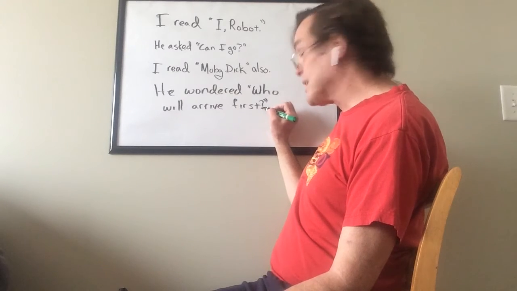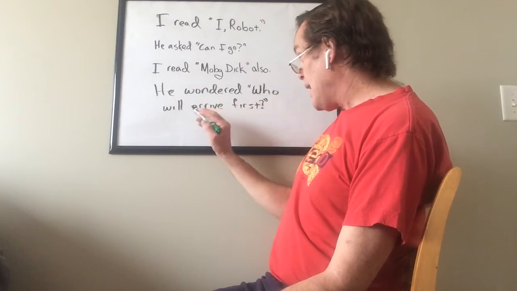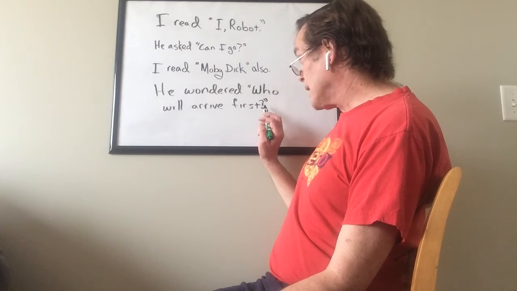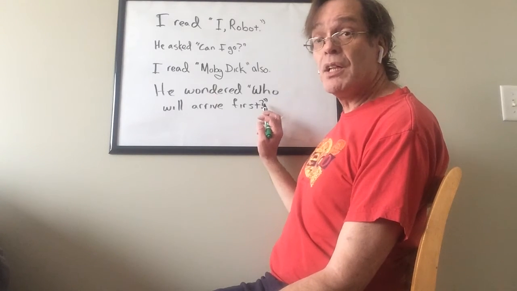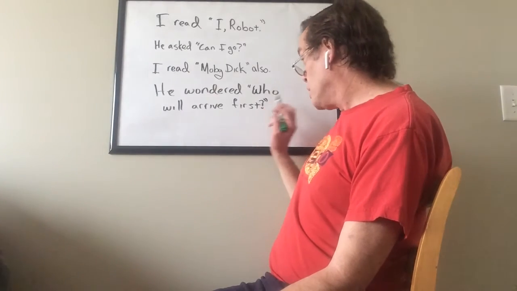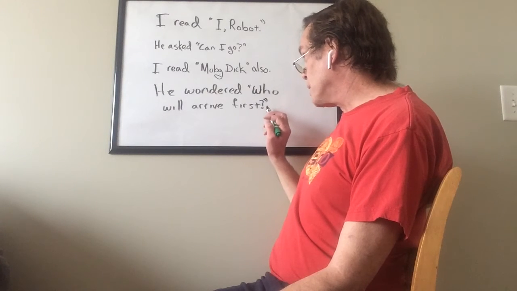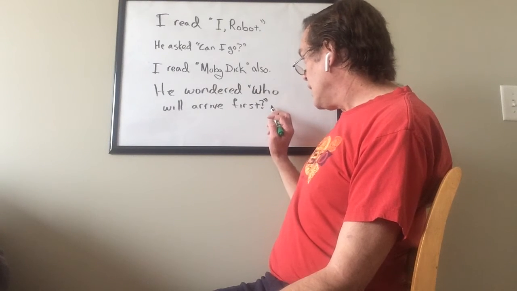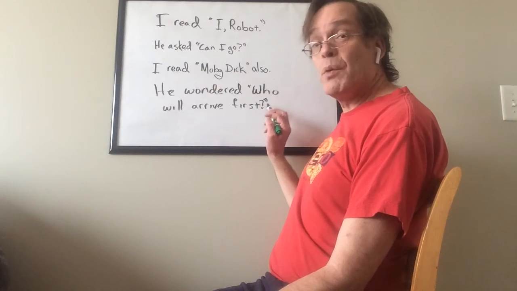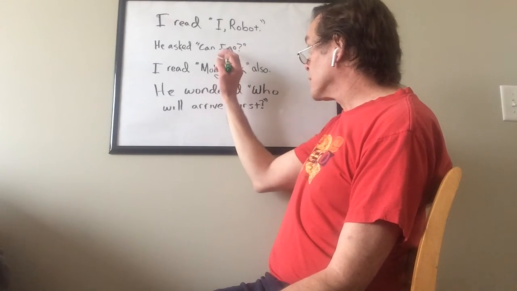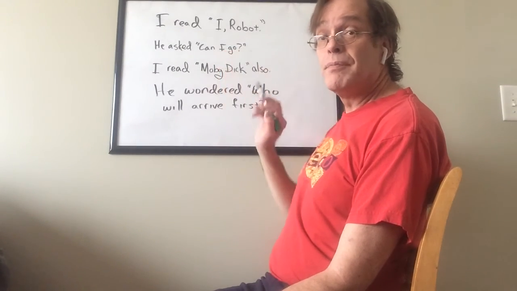Now it's an actual question, and because he's wondering it, because he's asking it of himself, it has a question mark. So it does not use a period at the end, and the question mark goes within the quotes, just like above here.